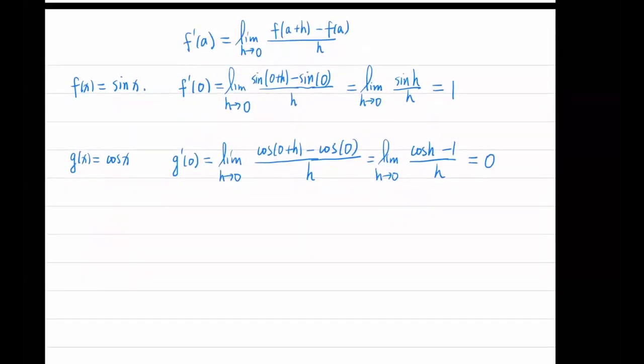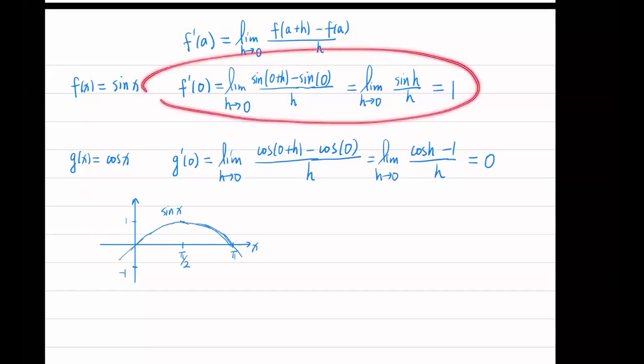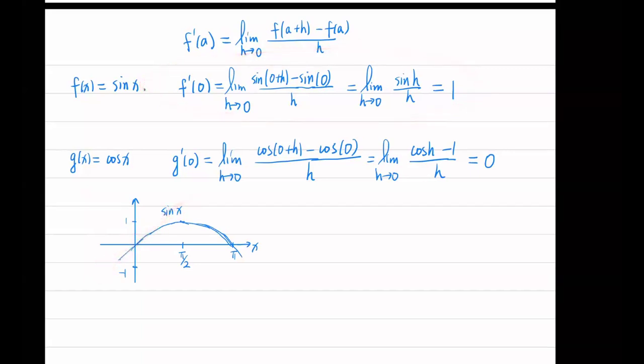Now, if we look at the graph of the functions, what's the graph of sine? Try to graph this in your notes. Sine goes between 1 and -1. The first formula tells us the slope of the graph at 0 is 1.